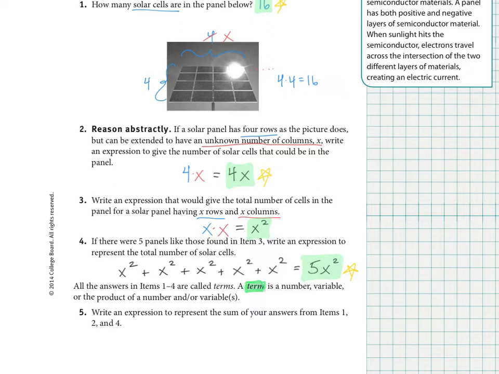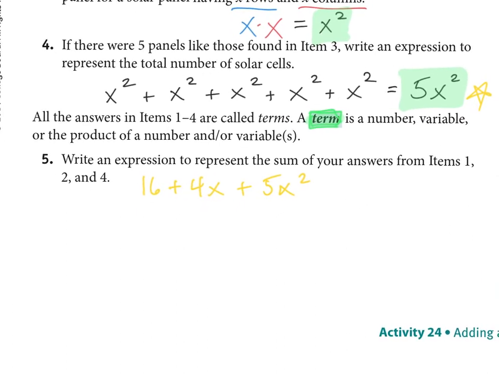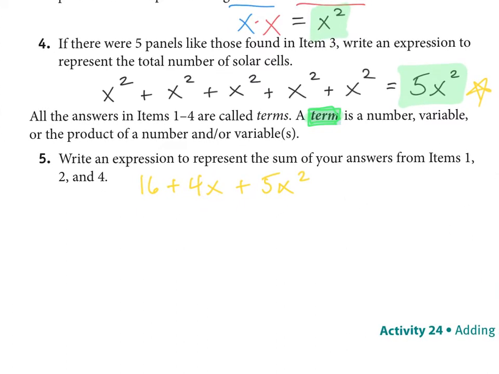All right, so for item number 1, we had 16. We add it to number 2, which was 4x, and we add it to number 4, which is 5x squared. Now, if we zoom in to this answer, we can see, even though we're adding them together, we have to leave it just like this because we can't combine unlike terms.